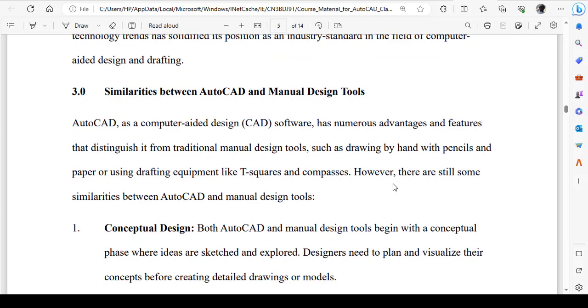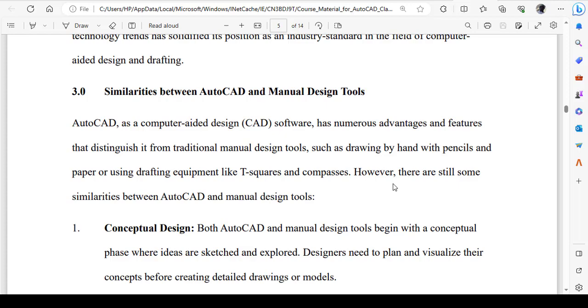Now let us see the similarity between AutoCAD and manual drafting tools. Remember, before you talk of AutoCAD, you have your manual drafting tools like your pen, your ruler, your eraser, your set square, and the rest. So we have them in AutoCAD. But first, let's see the similarities between them.